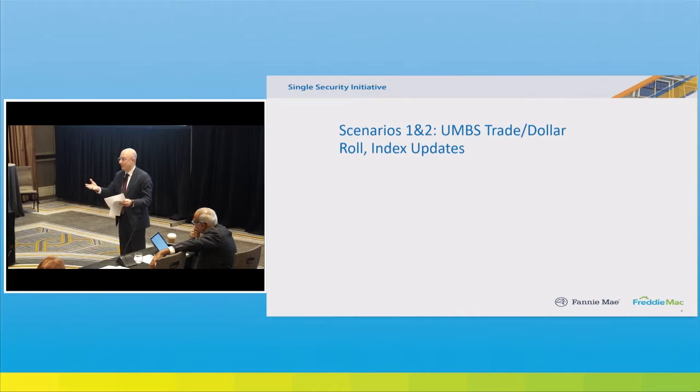So let me read this comment, and Chris, let me know if you're good with it. The objective is a single security, one unified fungible TBA market between Fannie and Freddie. A key element of fungibility is the general acceptance that Fannie UMBS and Freddie UMBS will be treated as good delivery under SIFMA's Standards and Practices Guide, Chapter 8. I think that's where it is, right?